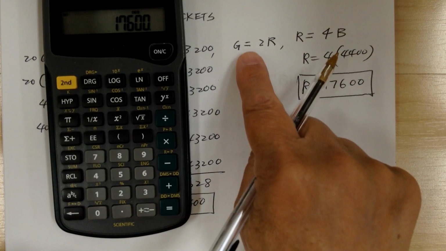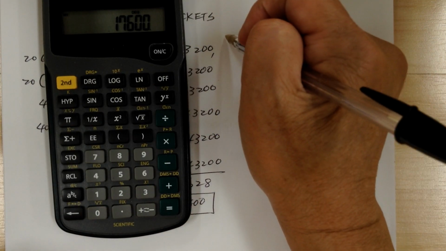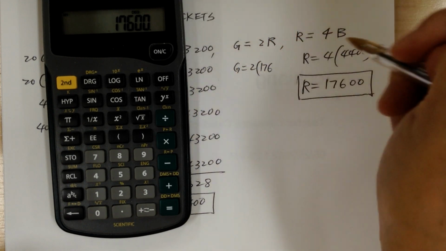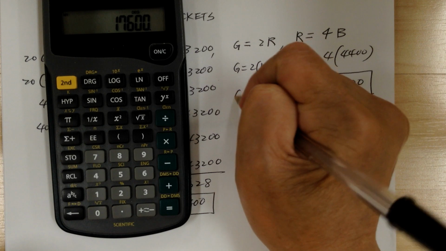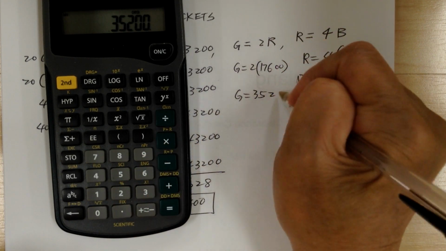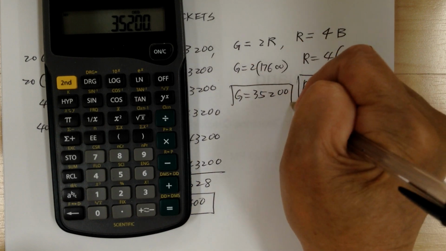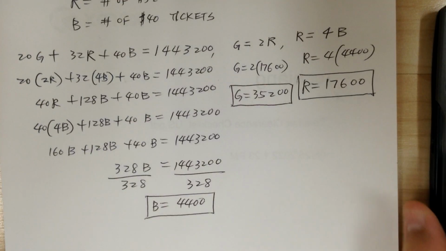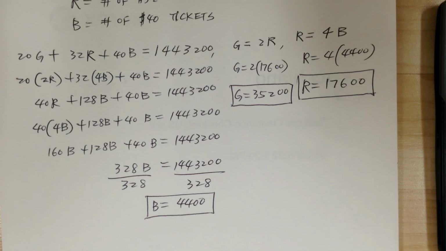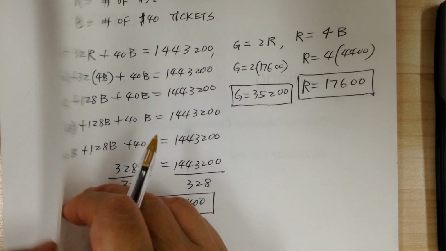Once we find R, we can substitute into here to look for G. So G equals 2 times 17,600, so G equals 35,200. Okay, and that's it for number 10. Okay, let's go to number 12.